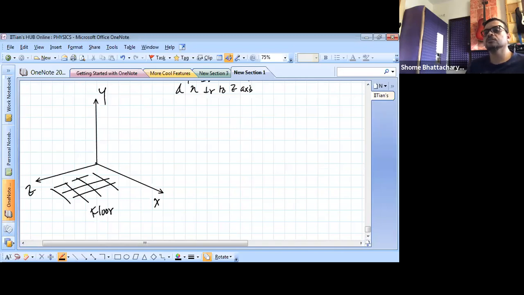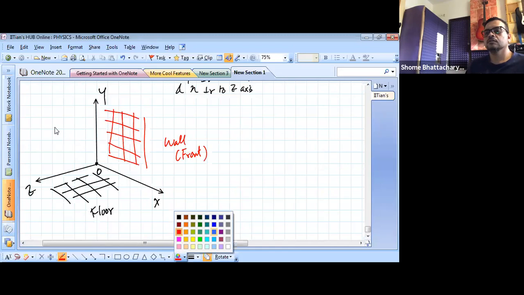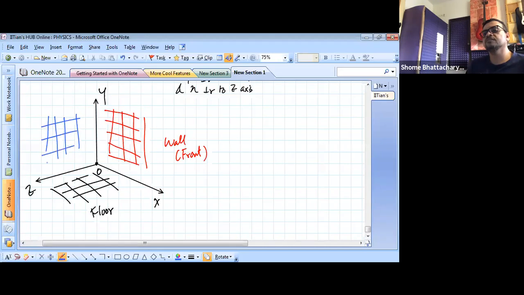Okay. And this origin point is one of the corners of the room. Okay. And this one is the wall which is right in front of you. This is the wall to the front of you which you are sitting. And this one here is the wall which is to your left hand side. On your left side. Okay. So now you can understand how the axes are mutually perpendicular.